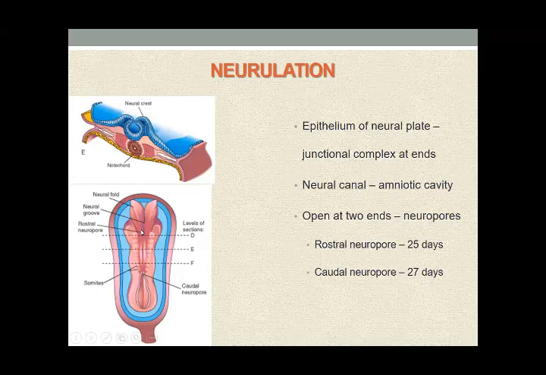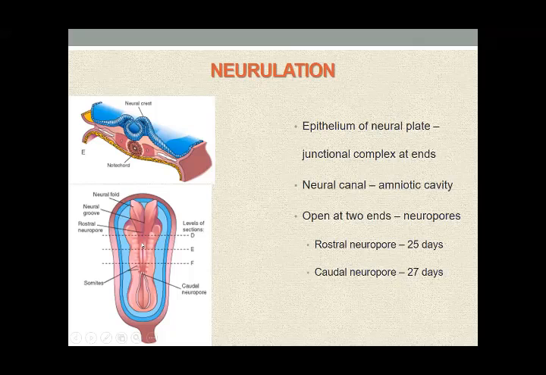These open ends are called neuropores. Cranial or rostral neuropore, both terms are correct, and this is the caudal neuropore. So at the open ends, that is at the neuropores, the neural tube is in direct connection with the amniotic cavity. If you remember correctly, this is the amniotic cavity, and the neural tube is in direct connection with it.